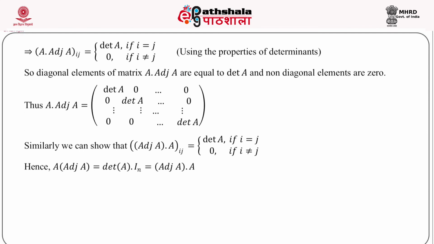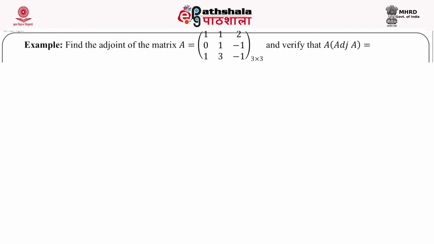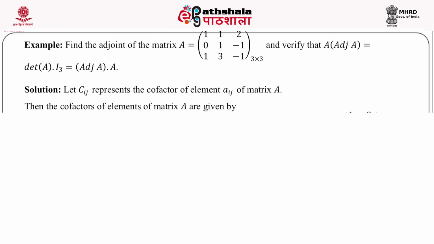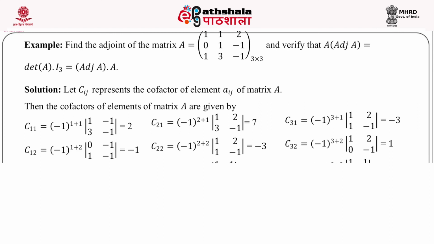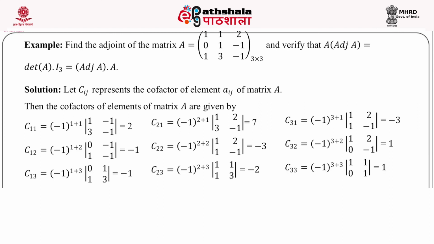So the diagonal elements of matrix A times adjoint of A are equal to determinant of A and all the non-diagonal elements are 0. Similarly, we can show that the ijth element of adjoint A into A is given by determinant of A if i is equal to j and 0 if i is not equal to j.